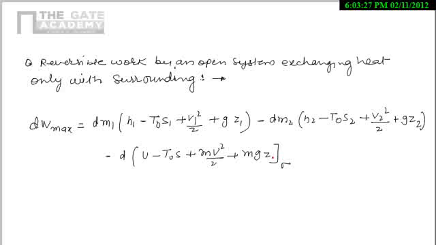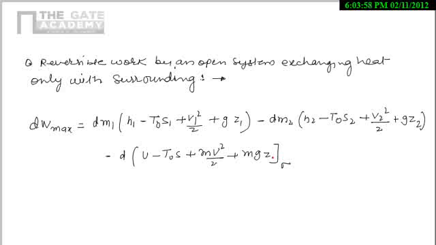So this one is the formula for reversible work by an open system which is exchanging heat only with the surrounding. All the notations we have already discussed during the discussion of steady flow energy equation. Here the number 1 is representing the initial stage, number 2 is representing the final stage, and whatever is represented by 0, that is called the ambient condition.